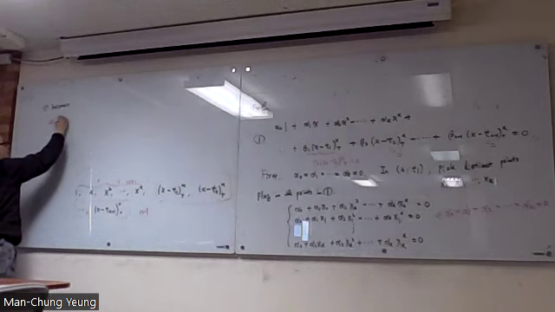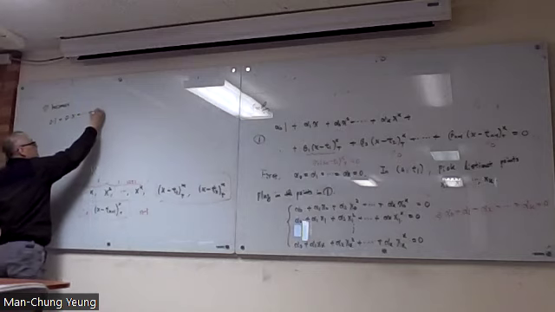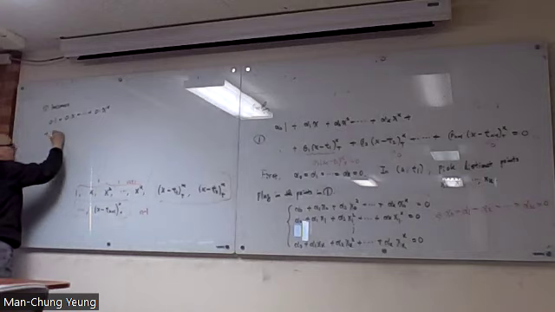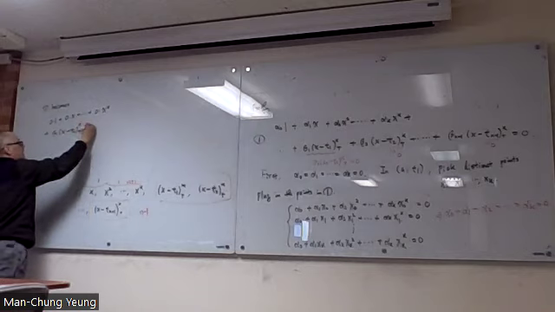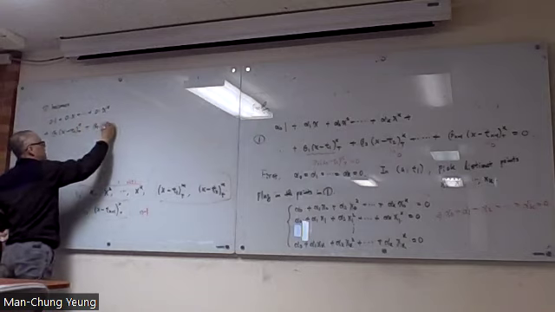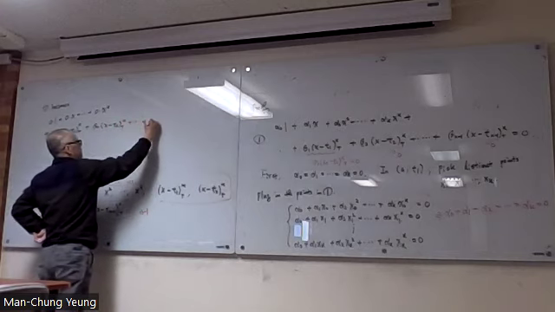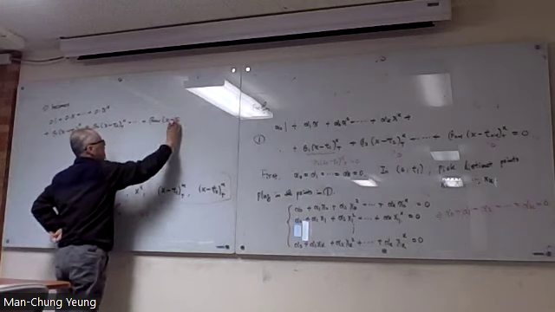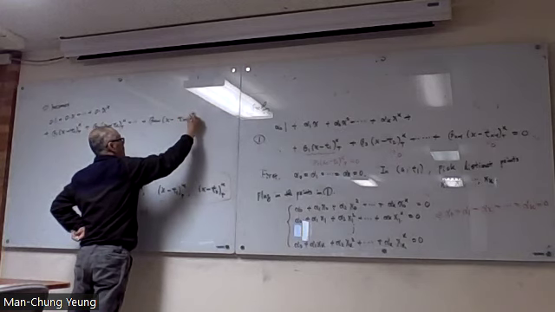0 times 1 plus 0 times x plus 0 times x^k, then plus beta 1 (x minus t1) truncated k, beta 2 (x minus t2) truncated k, and beta n minus 1 (x minus t n minus 1) truncated k is 0.